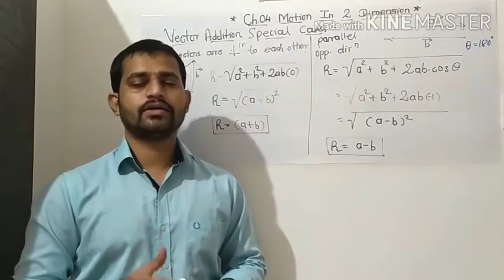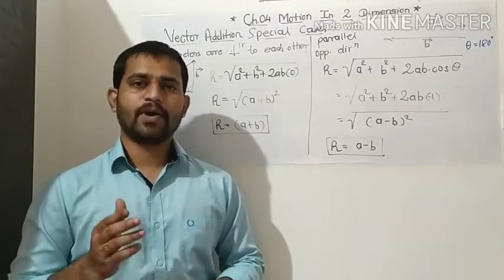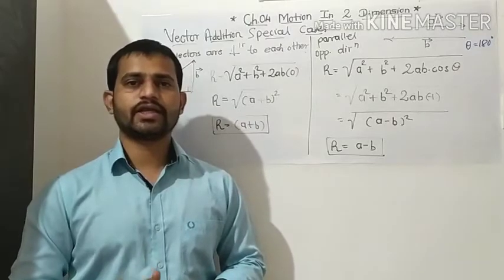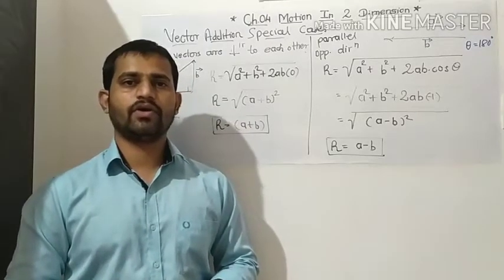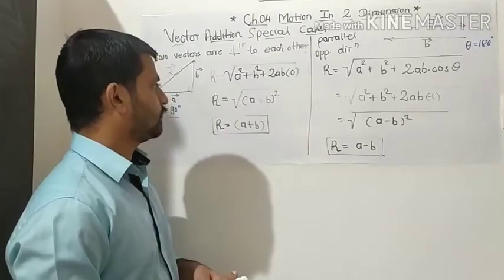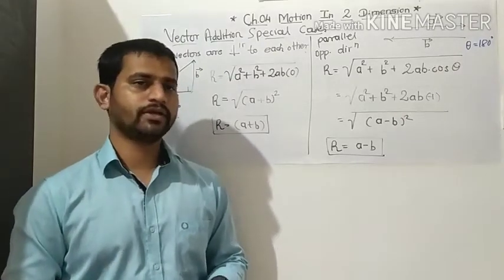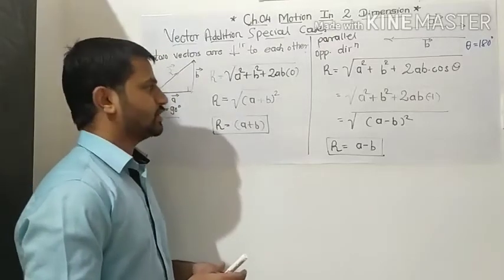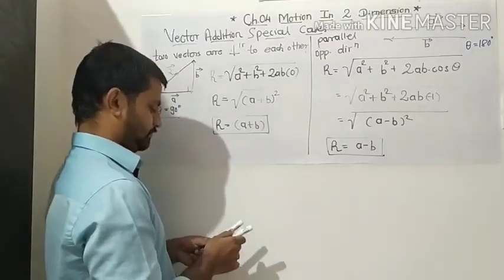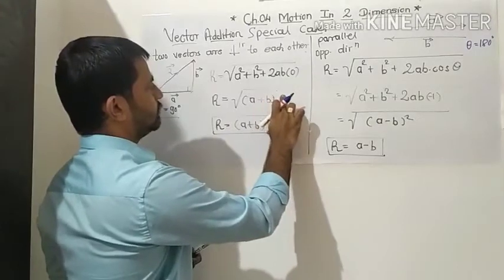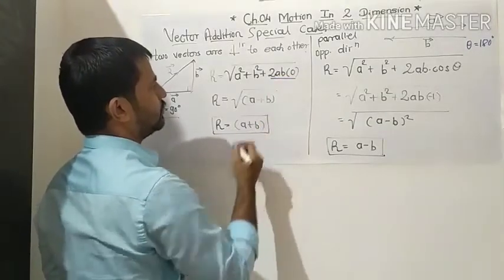And when the two vectors are perpendicular to each other, then in that case also the value of... here, just one mistake is here, it is not the a plus b bracket square, because this value becomes 0.